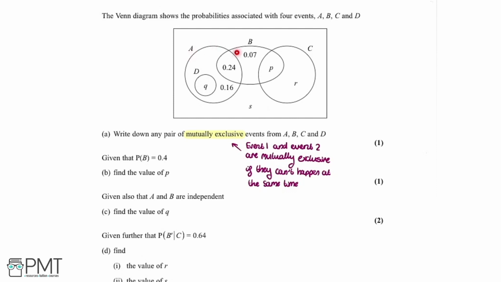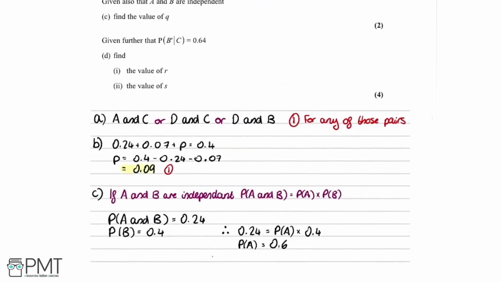And then from that, we now need to work out what Q is. So the probability of A is going to be 0.24 plus 0.16 plus Q. And we know the probability of A equals 0.6. So 0.24 plus 0.16 plus Q must equal 0.6.